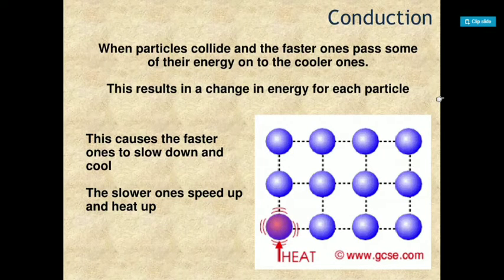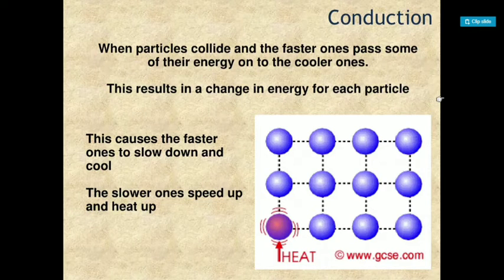So for example, we have here one particle that is vibrating or possesses the heat. By the way, heat is the energy stored in one particle. So this particle which has a higher temperature will pass the heat that is stored inside it to the nearest particle which has a lower temperature.